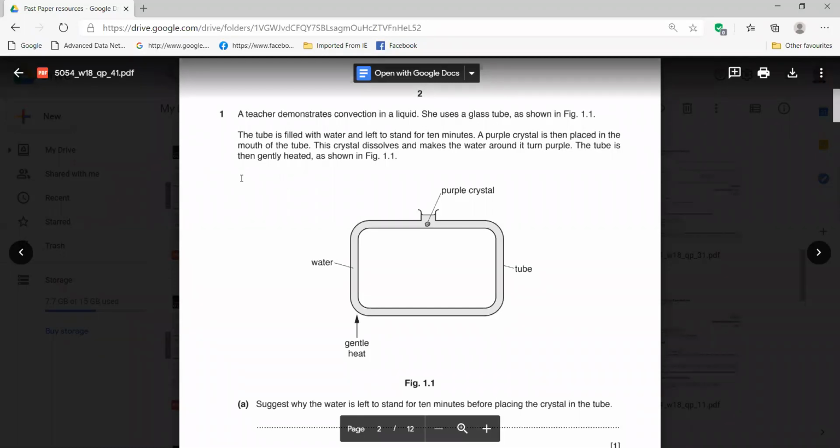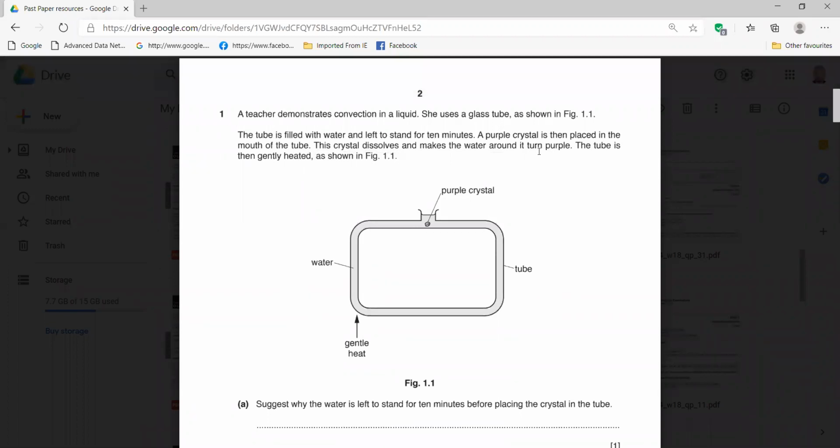Okay, so about convection, I gave 4 points. Can you remember those 4 points? Whatever you know about convection, we can summarize. Sir, convection occurs only in gas and liquids.